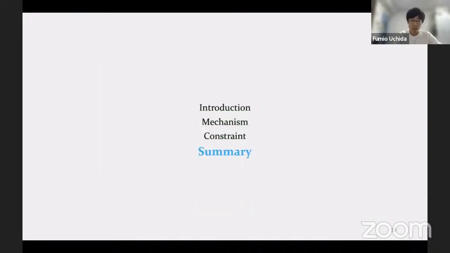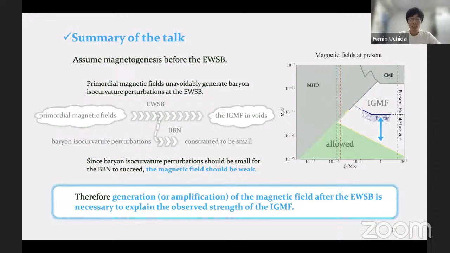Let me wrap up my presentation. We can answer the question of when the primordial magnetic fields as the origin of the intergalactic magnetic fields are generated. The answer is like this.